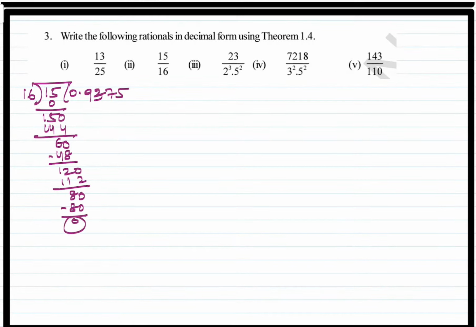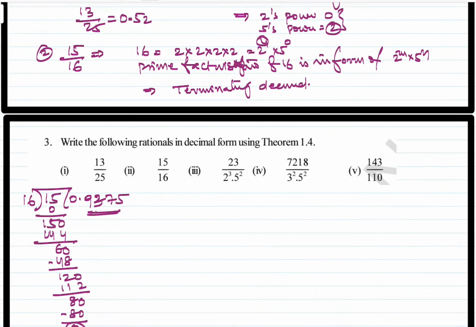So here you see how many places are there? 4 places are there. Means here we can understand in how many places this division will be ended according to the maximum power in the prime factorization, of the 2's and 5's. So here 2 to the power of 4 is there, and this rational number gives a terminating decimal, and it contains 4 digits in its decimal part.